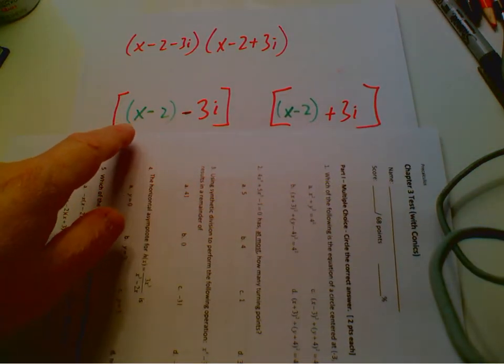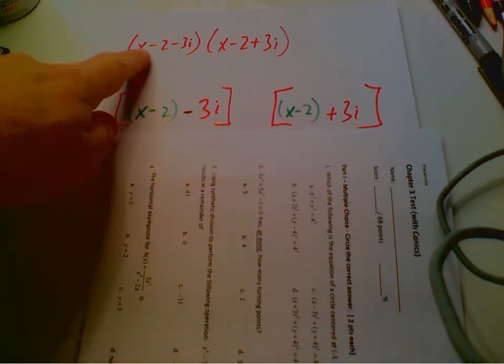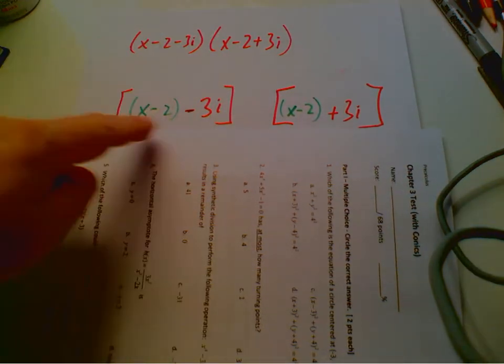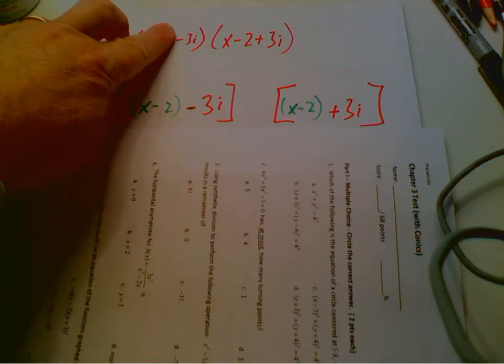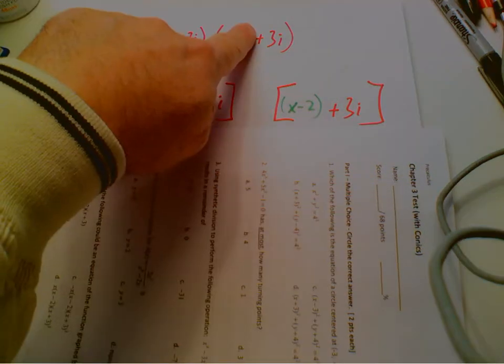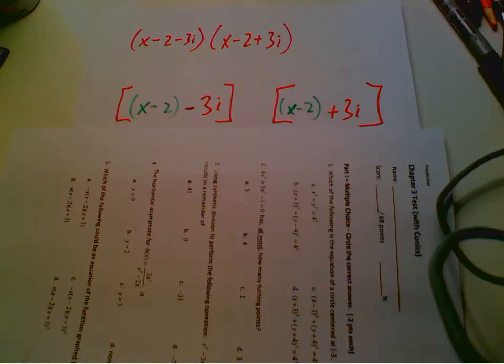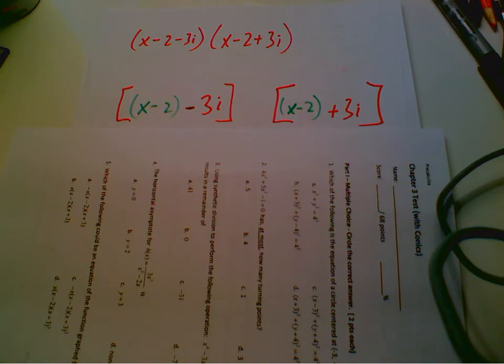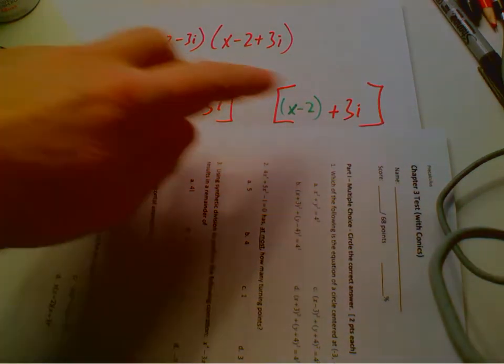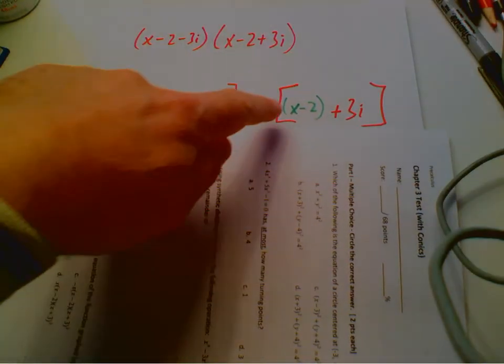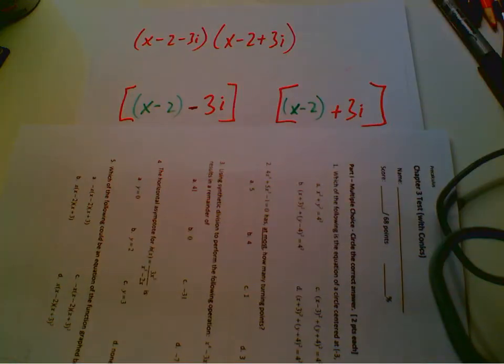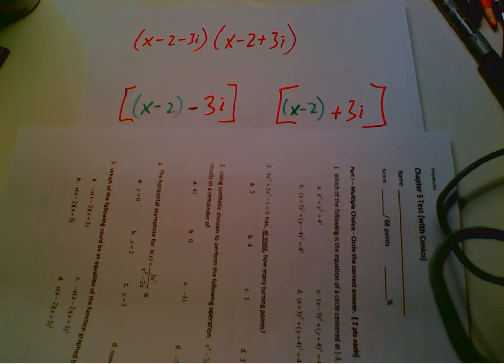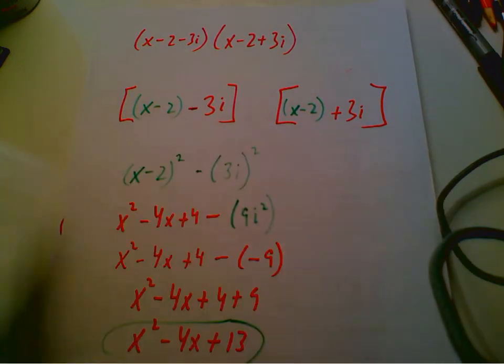But if I rewrite this way, look at what I see. x minus 2 shows up first, and then what do I notice? A minus 3i in one, a plus 3i in the other. And that's what I've reflected right here. I have x minus 2, that entity both times, minus 3i, entity plus 3i. And what do I get? I get the difference of two squares.